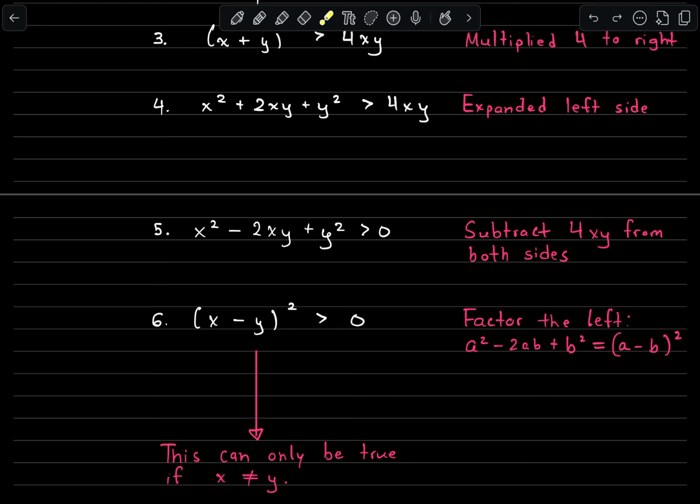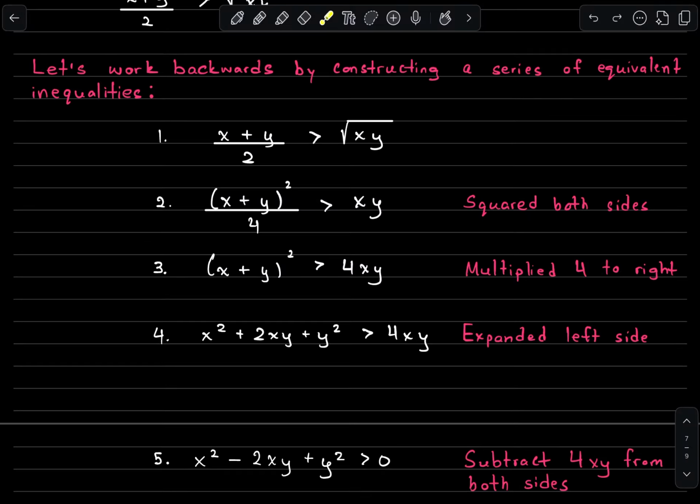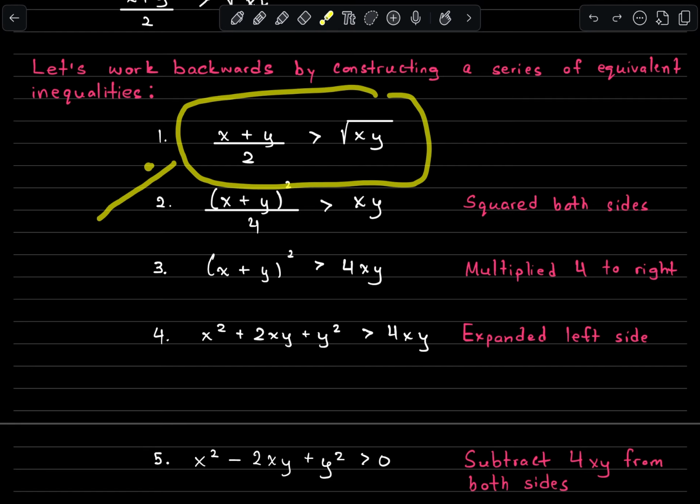This can only be true if x is not equal to y. If they were the same thing, their difference would be 0, and squaring their difference would still be 0. But if it's greater than 0, some value other than 0, then these numbers are not the same.